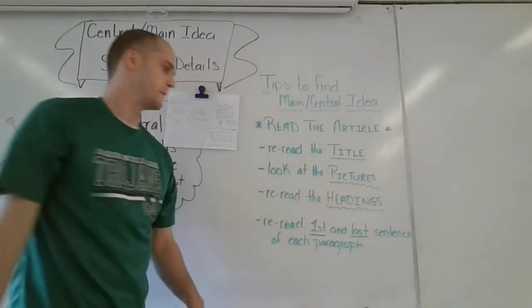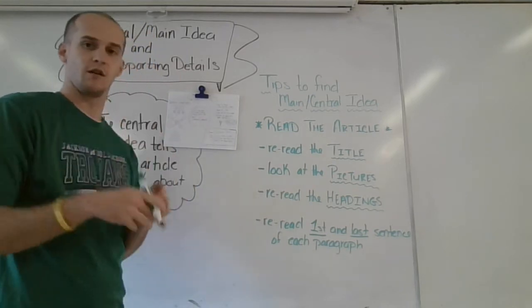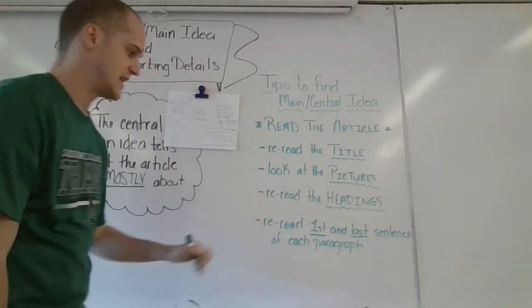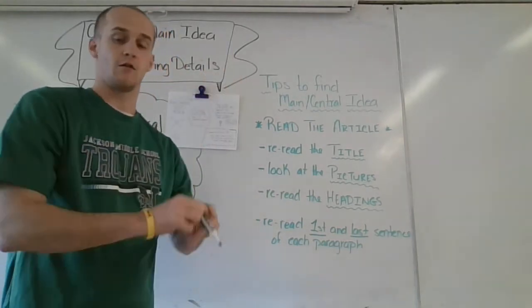All right, so after you've read the entire article the first time, if you're still struggling with what the main or the central idea is, go back and reread the first and last sentence of each paragraph.